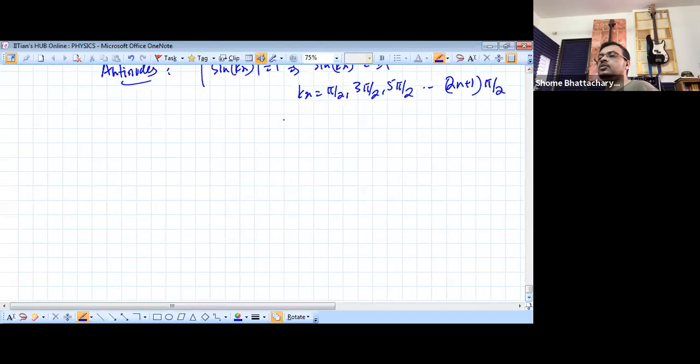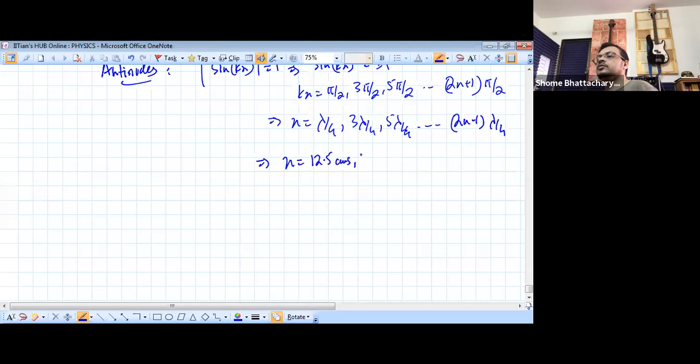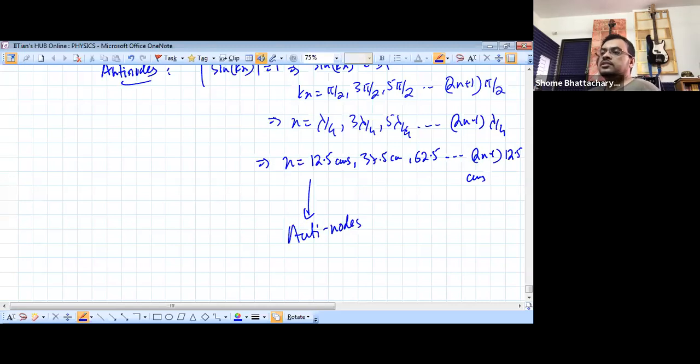So x is going to be correspondingly lambda by 4, 3 lambda by 4, 5 lambda by 4, or any odd multiple of lambda by 4. So x is equal to 12.5, 37.5, 62.5, any odd multiple of 12.5 in centimeters. These are the positions of the antinodes. So that's the final part of the question.